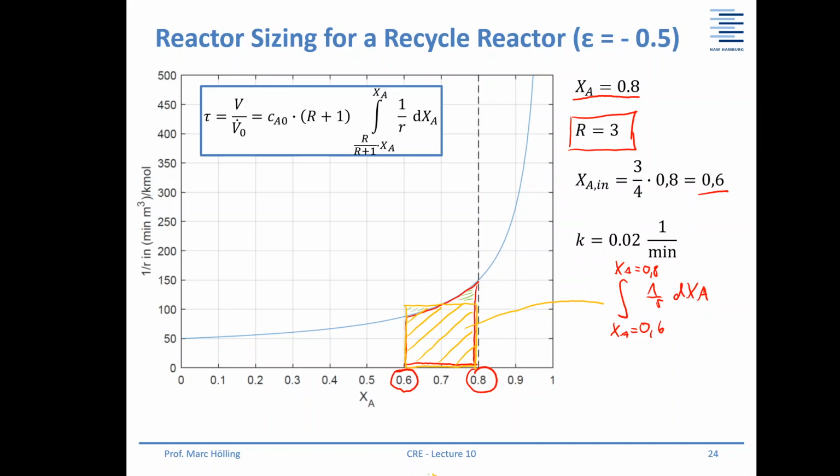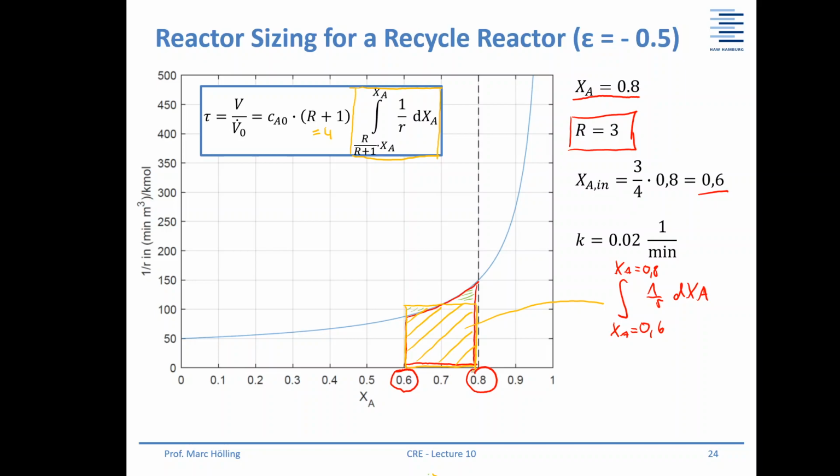With this we have this part of the expression, but we have to multiply it by R plus 1. R plus 1 is 4 in this case, so we need 4 times this area.